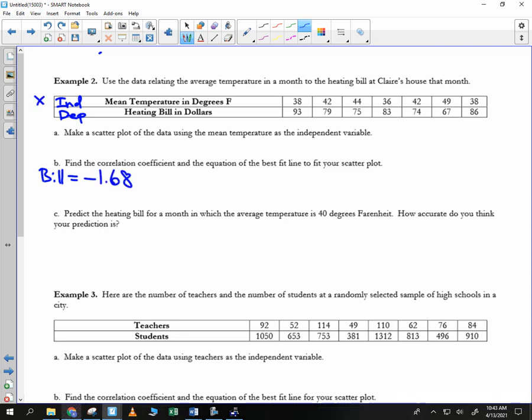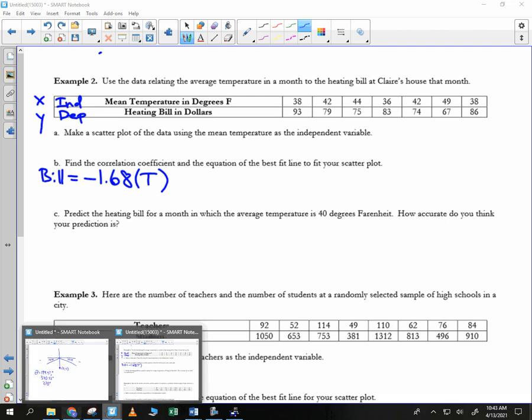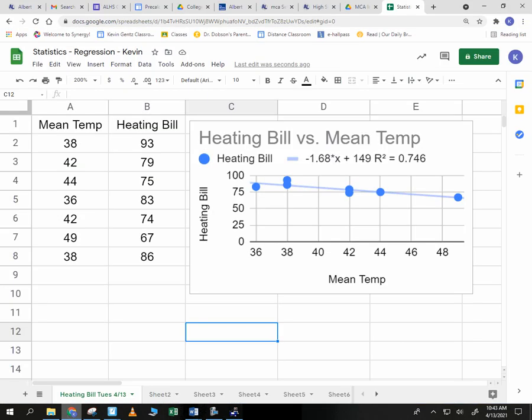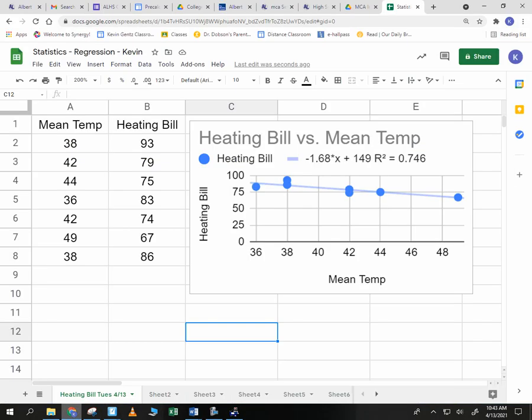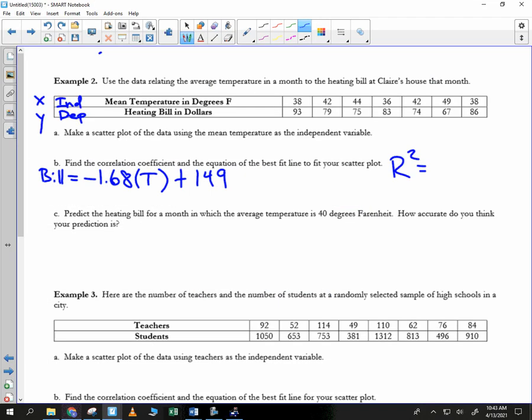Again, we used the temperature as our x variable. So negative 1.68 times the temperature. And then the other part of the equation was plus 149. We just leave the r squared off. We say that r squared is equal to 0.746.